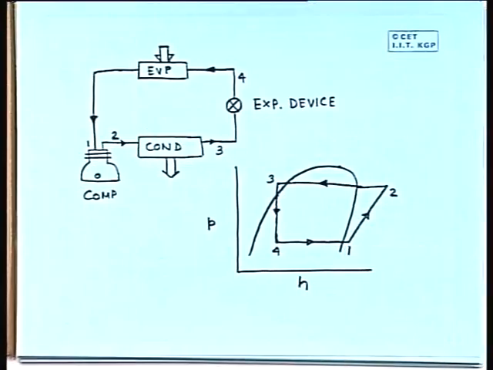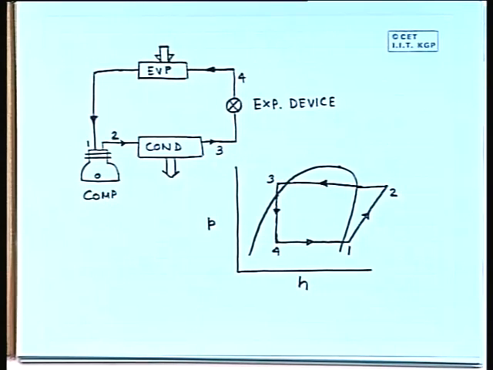Now, certain features of these deviations are desirable from a practical point of view, particularly the superheating of the refrigerant vapor after the evaporation process or before its entry to the compressor.